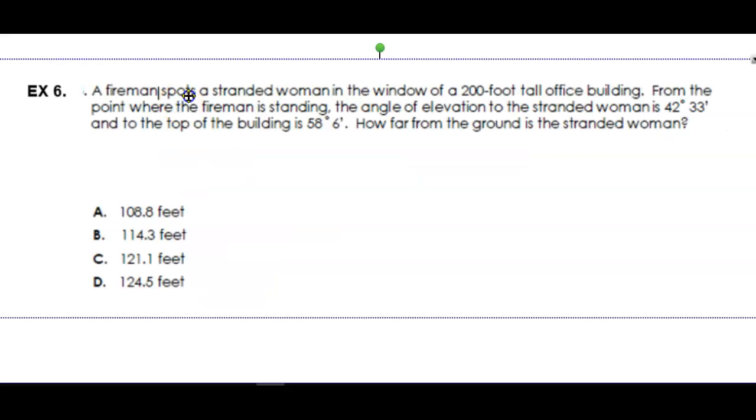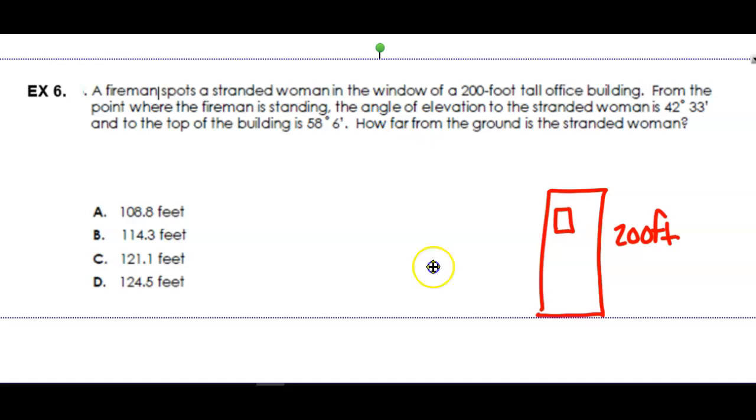a fireman spots a stranded woman, okay, in the window of a 200-meter tall, so this is 200 foot tall, I can read. She is in a window up here. Point where the fireman is standing, the angle of elevation to the woman. So where he's standing, he has to look up to the woman. 42 degrees and 33 minutes.